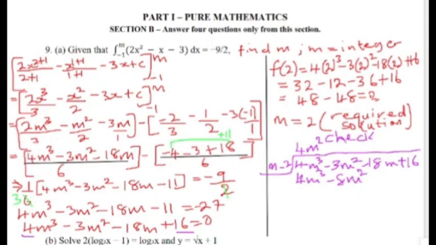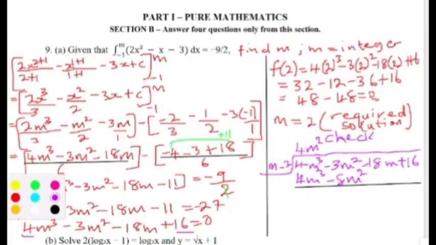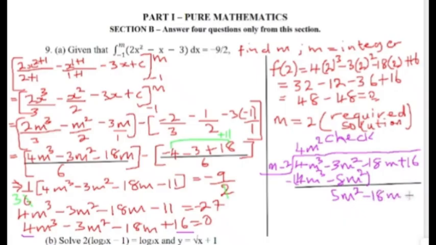So this is 0. Here I'm going to have minus 3m squared minus minus 8m squared, and that will give me 5m squared. So we're going to have 5m squared, to bring down minus 18m plus 16.